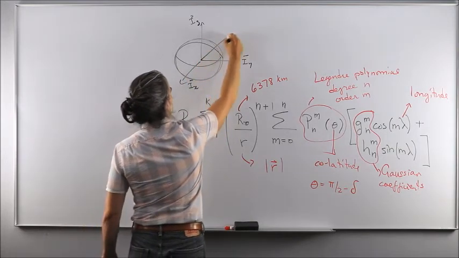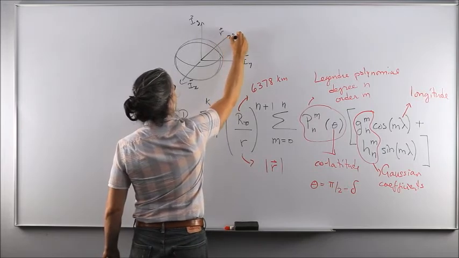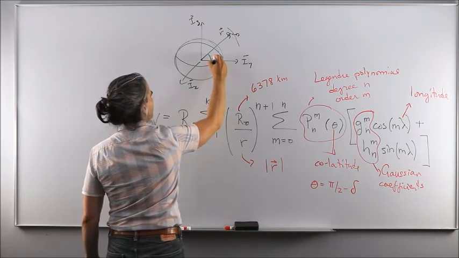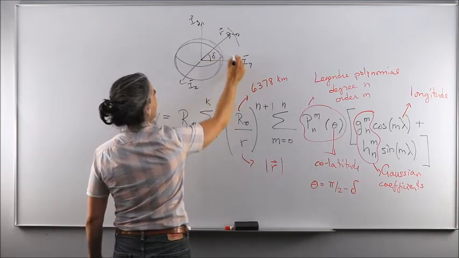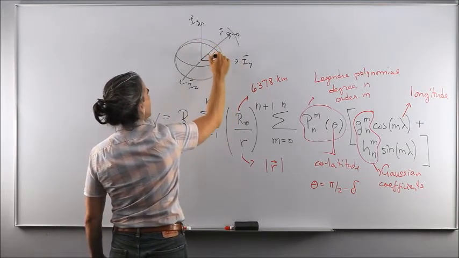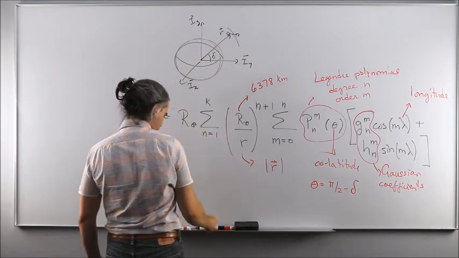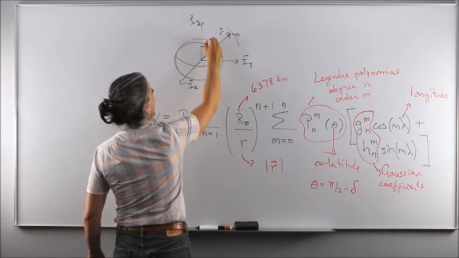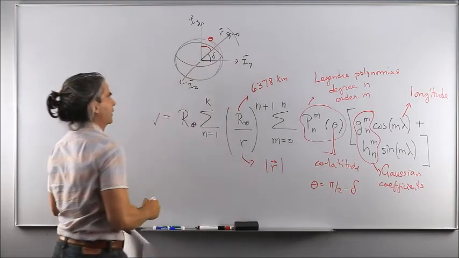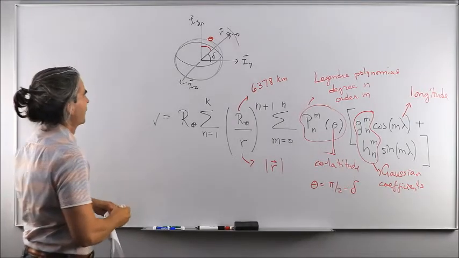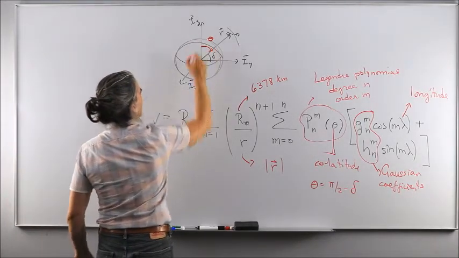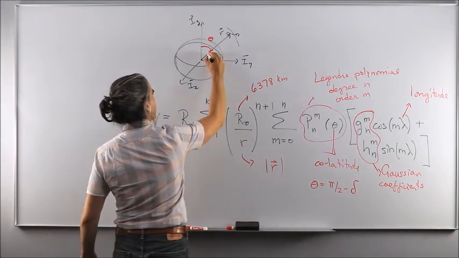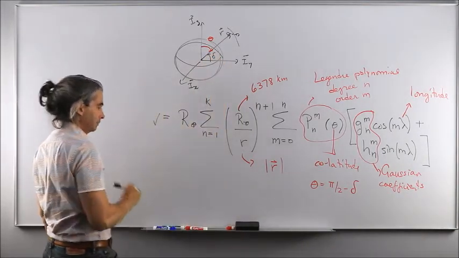Latitude, based on the current spacecraft position along its orbit, is this angle from the equator being at 0 all the way up to 90-degree latitude, right? That's your delta, such that co-latitude is simply pi over 2 minus latitude. This is your theta right there. So measured positive from IZ instead of being measured from the equatorial plane.